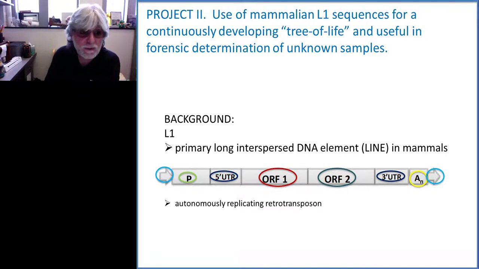And ORF2 is the protein that's involved as an endonuclease and reverse transcriptase. There's also an A tail, and again, that seems to be important for the retrotransposition process. And the hallmark of any transposable element is that when it integrates, it yields flanking direct repeats.